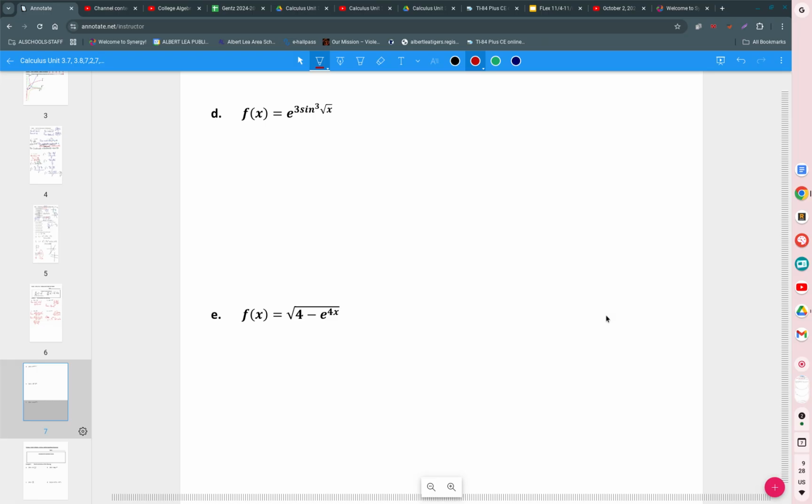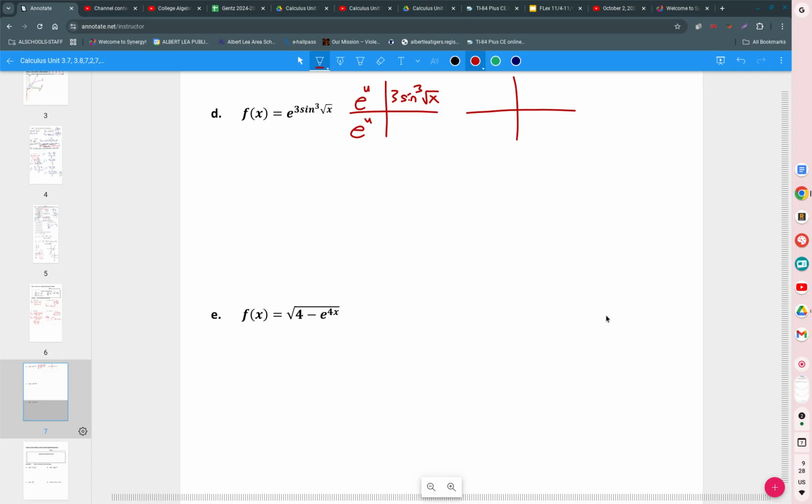Okay, probably twice. We've got e to the u, and then the inside is 3 sine cubed of the root of x. We're going to need another chain rule, I think. You think right. So what would be the next setup for my chain rule?